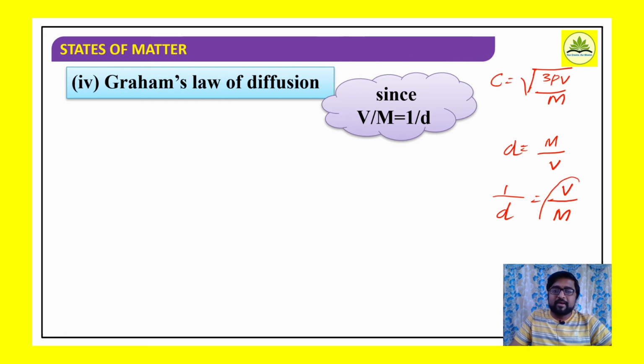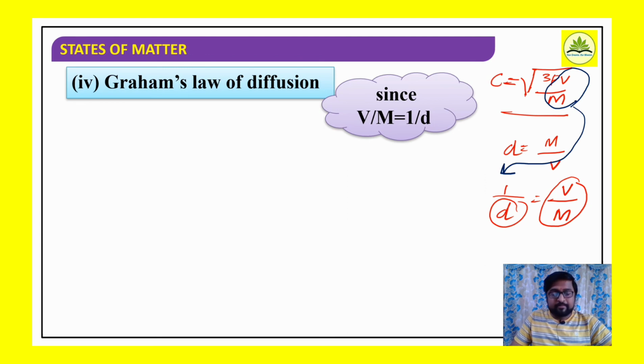So this V by M, volume divided by mass, is nothing but the reciprocal of density. In this expression, the quantity V by M can be replaced by 1/d.